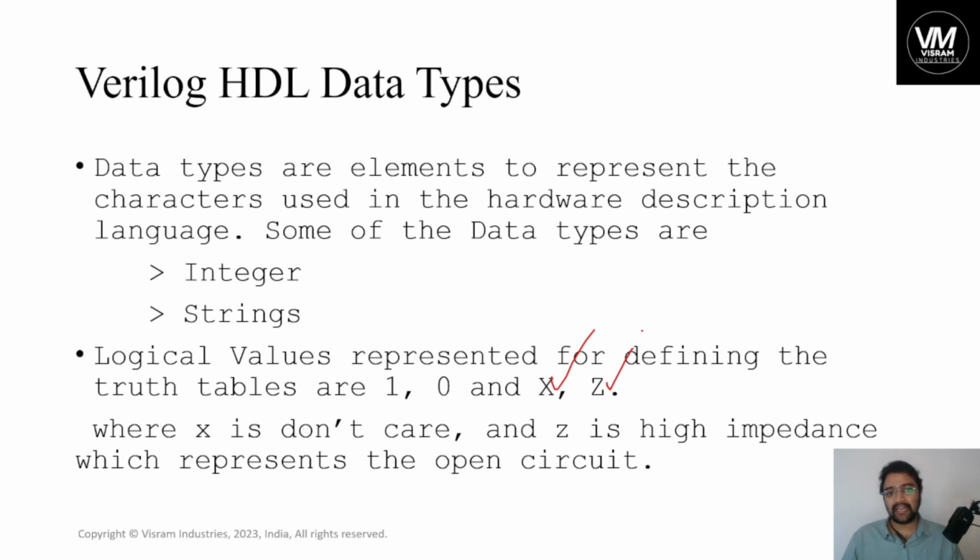When it is called high impedance, if one port has 1 as input, another port has 0 as input, and one port has no value, you might not be using that port, you can say don't care. Whatever value comes does not affect the logic function and you are not using this port anywhere, so it can be don't care.